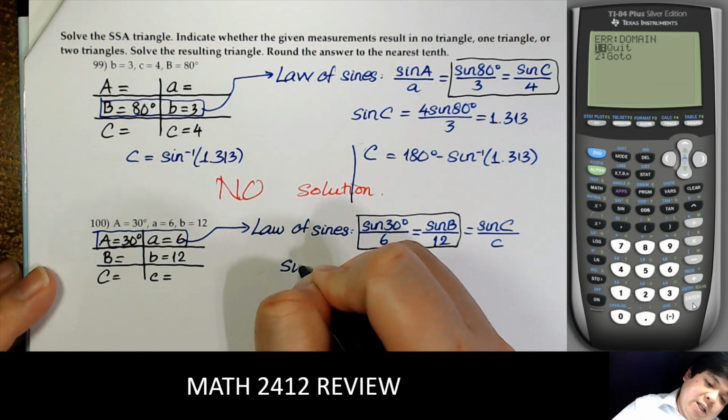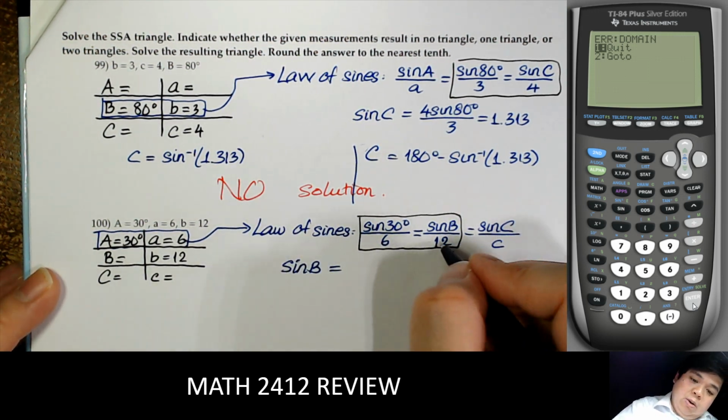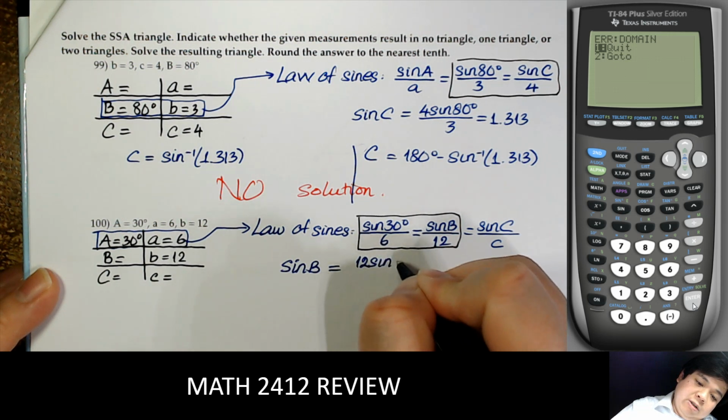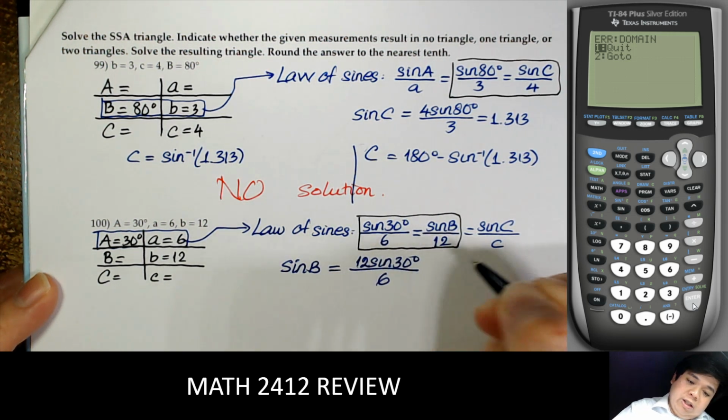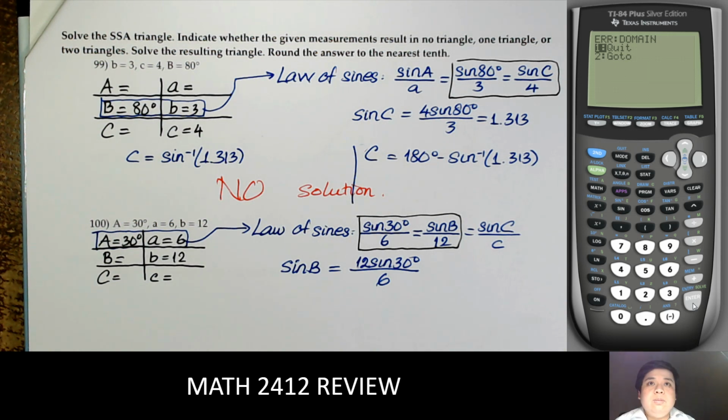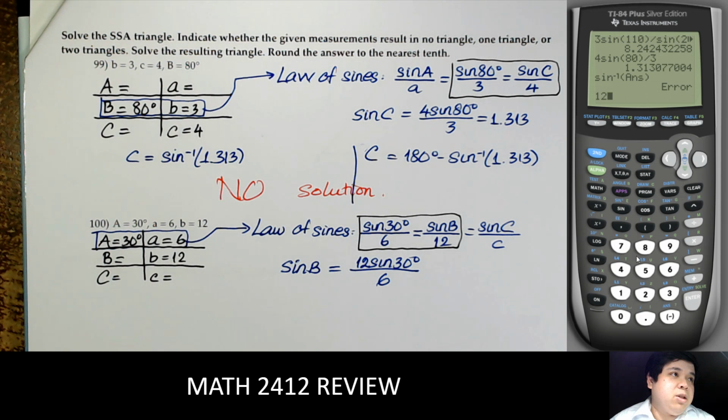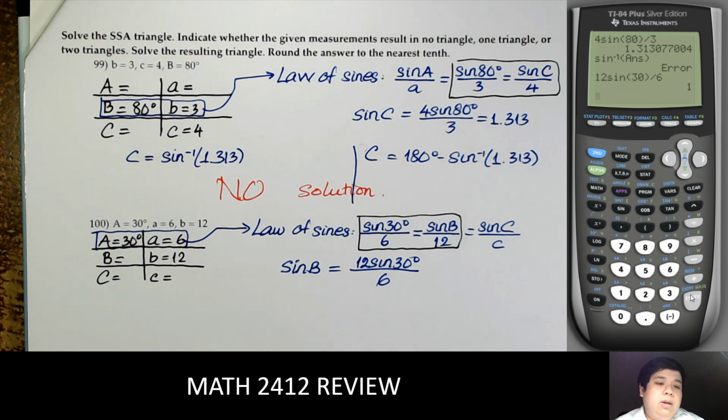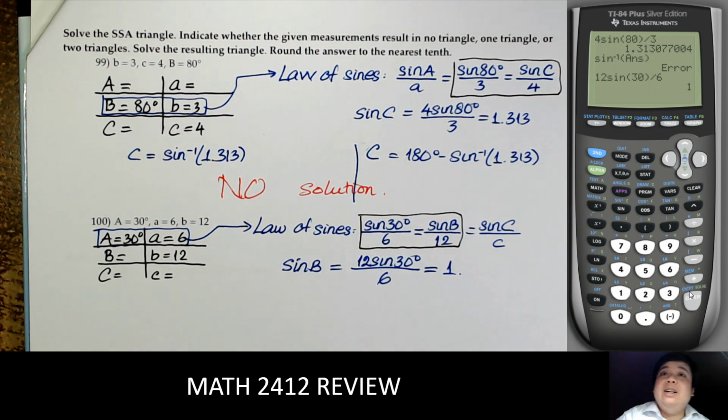So we have sine of B equal to 12 sine 30 degrees over 6. Right, calculator. 12 times sine of 30 degrees divided by 6. That's convenient.